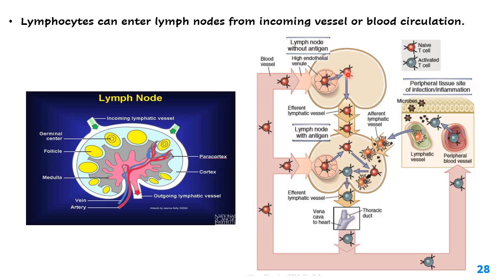Now, what kind of cells? You have here your naive T cells that get in there to get activated. Okay, so they get over there either by going through the blood or by hopping into lymphatic circulation. So when you get here at your lymph node, this is where all the activation action is going to happen.